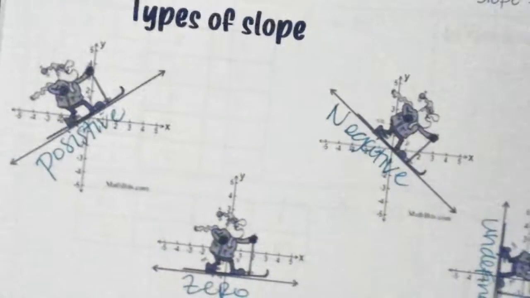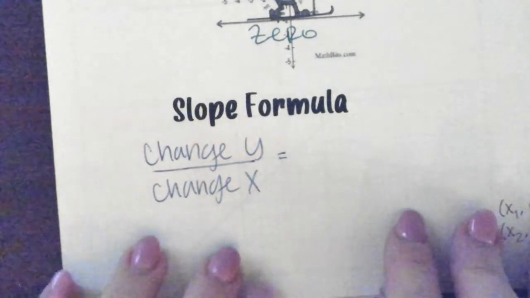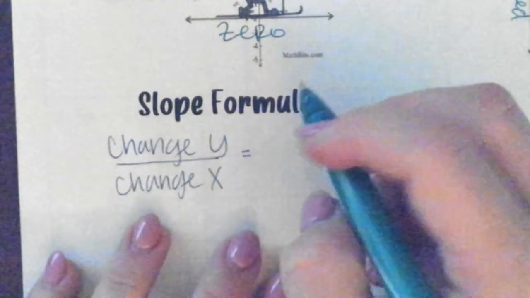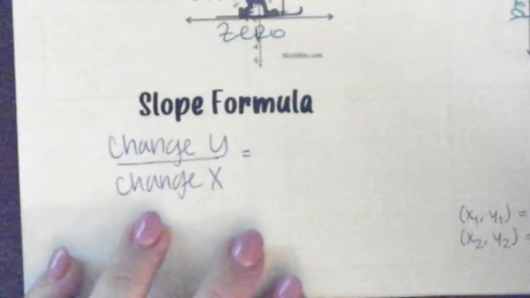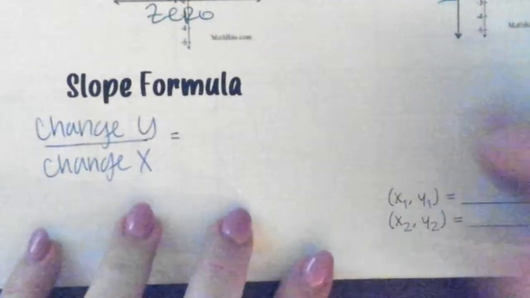Alright, let's look at our slope formula. So, what is our slope really? It's our change in y over the change in x. Always change in y over the change in x. So how I write that into a formula is I'm going to pick 2 points. So this would be point 1.